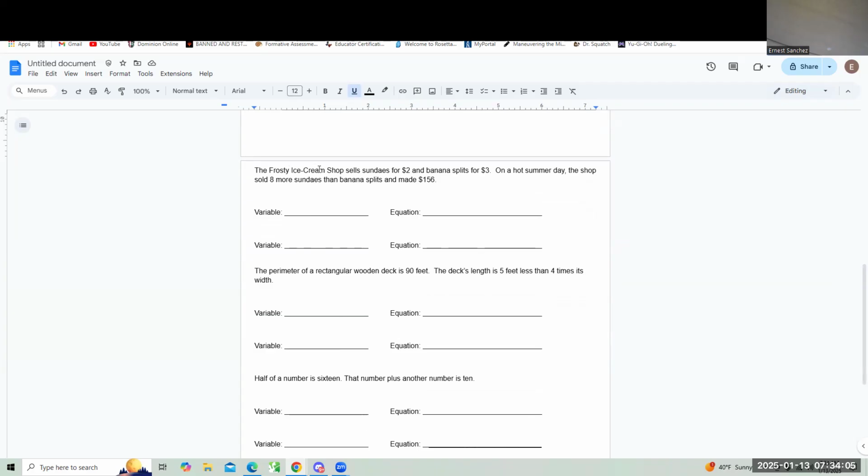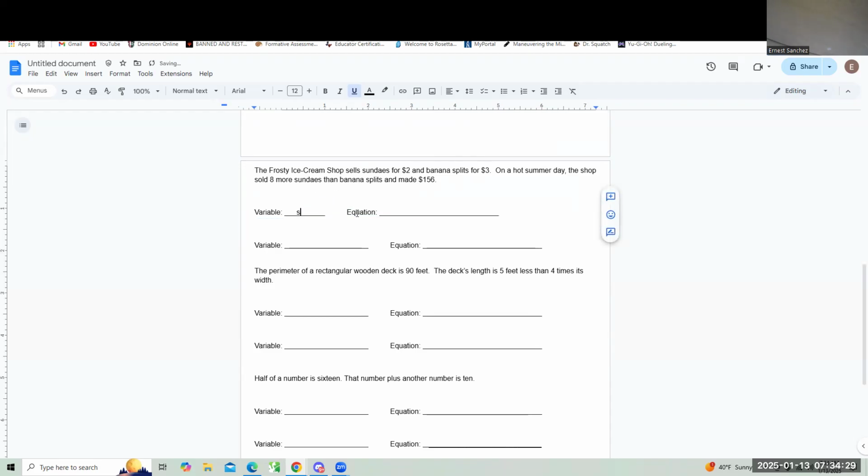All right, it says the Frosty Ice Cream Shop sells sundaes for $2 and banana splits for $3. On a hot summer day, the shop sold 8 more sundaes than banana splits and made $156. So for this type, this is going to be type 2, which we put all the dollar symbols together. And let's see, they're talking about sundaes and banana splits.